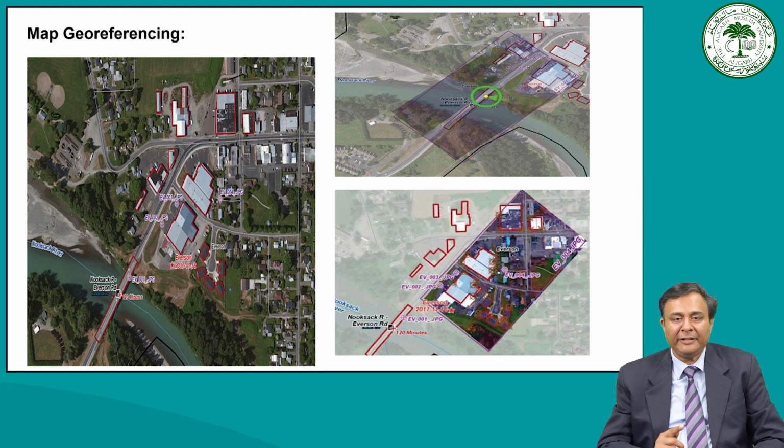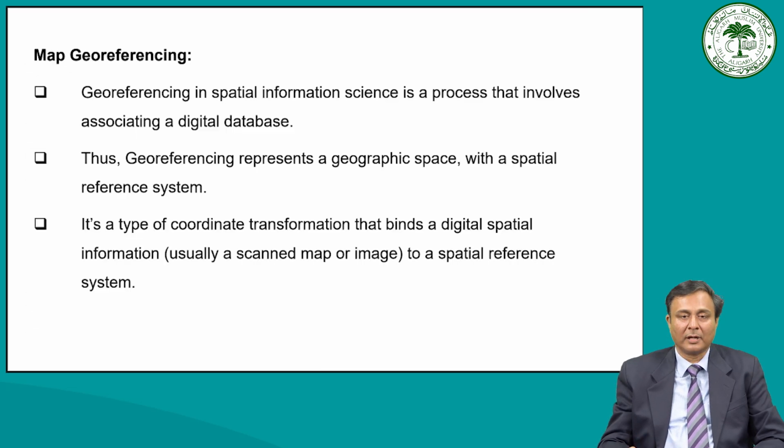And when we identify these intersections, we put these coordinates to these intersections, and that way we bring the non-spatial data, this image, to correspond to the ground coordinates, and this is how we georeference any map or any image. So I can say that georeferencing is basically a process which locates digital data in the real world.